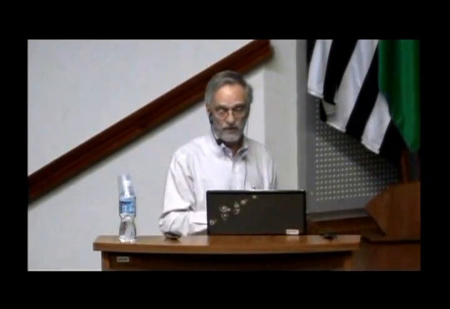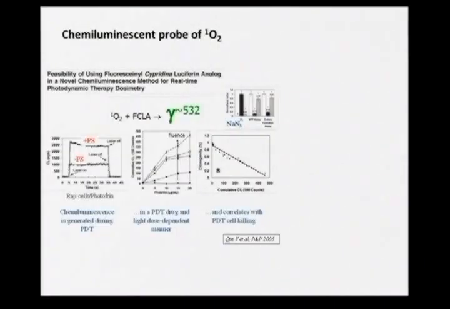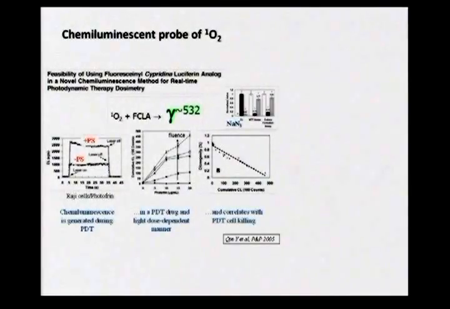So I put this up just because they're very pretty pictures. These are images of secondary fluorescence reporter in plants as the singlet oxygen is generated under different conditions. This is a very powerful technique, actually, for looking at singlet oxygen in plants. Another possibility is to use chemiluminescence rather than fluorescence. So here we have the singlet oxygen, a reporter molecule, and now the reporter molecule becomes chemiluminescent and gives off light.